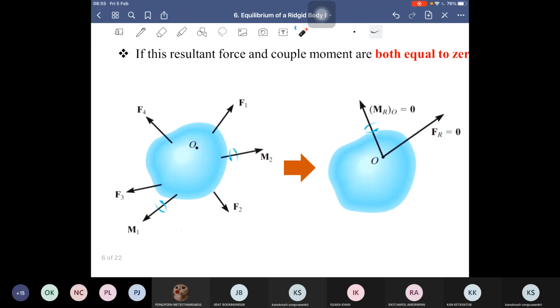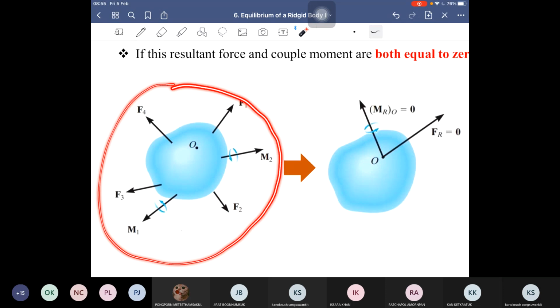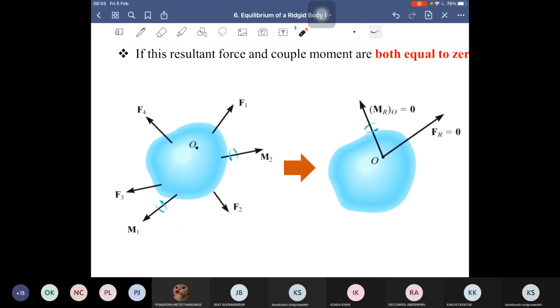So for a system that contains forces and couple moments, as shown in this figure, we can reduce this system of forces and couple moments to an equivalent resultant force and resultant couple moment at any point. In this figure, we use point O. This point of rotation can be located inside or sometimes outside the body.